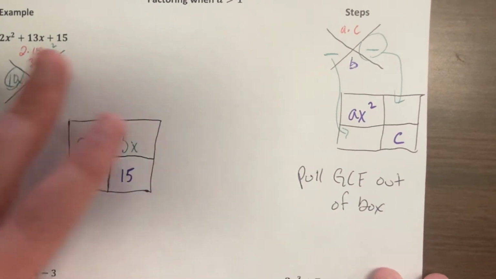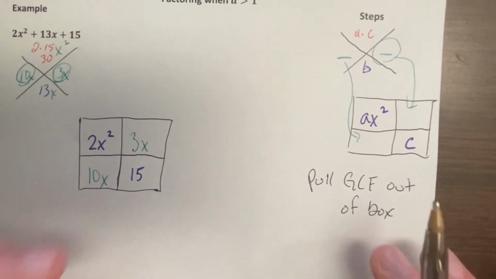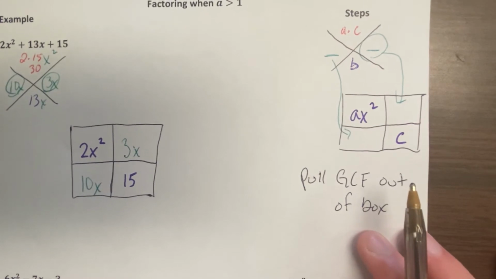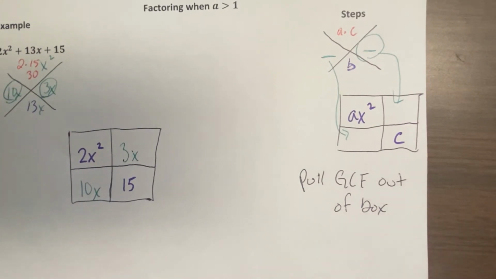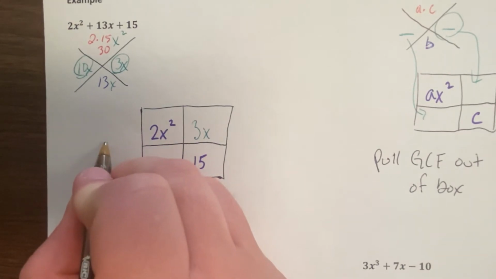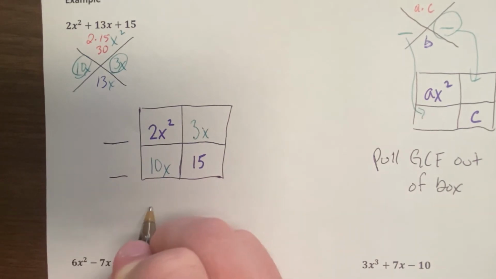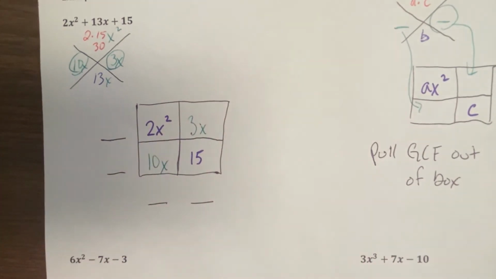All right, so we've got all these terms that make up our binomial. We need to pull them out and factor, like we have been doing all week. We need to pull from 4 spots: from these 2 rows, and from these 2 columns.